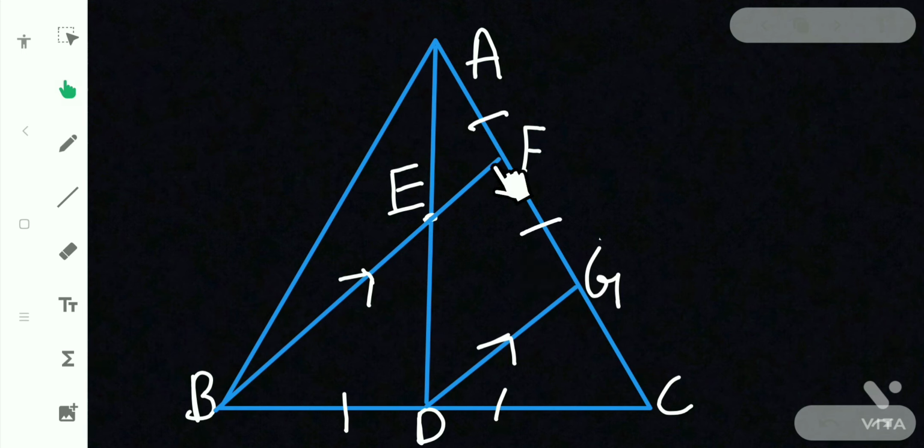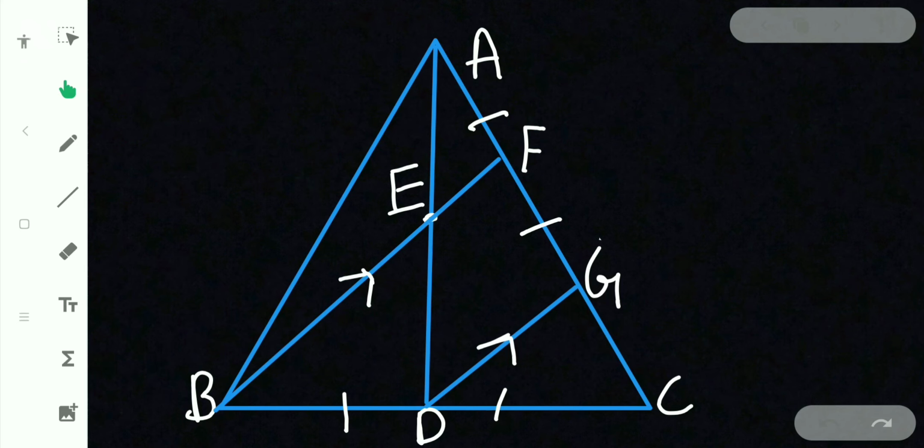EF bisects AG. So you know converse of midpoint theorem, right? When a line is drawn from one midpoint to another side parallel to the third side, then that line bisects that another side, that bisects the AG, line AG.